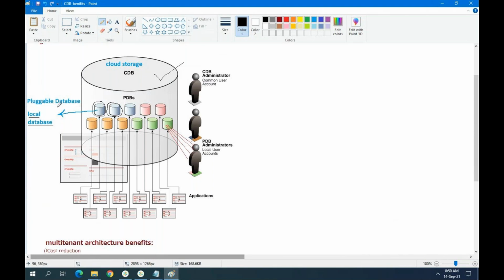And this is known as the cloud database or common database.